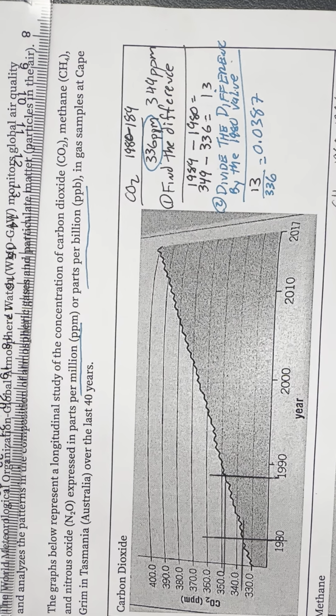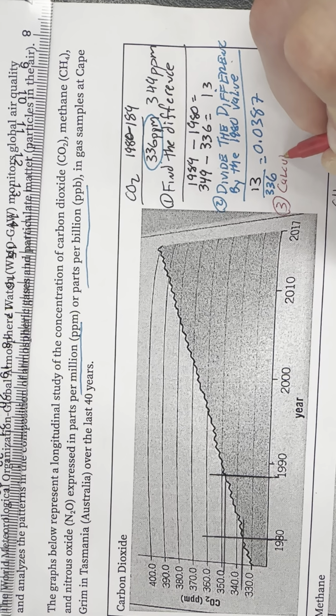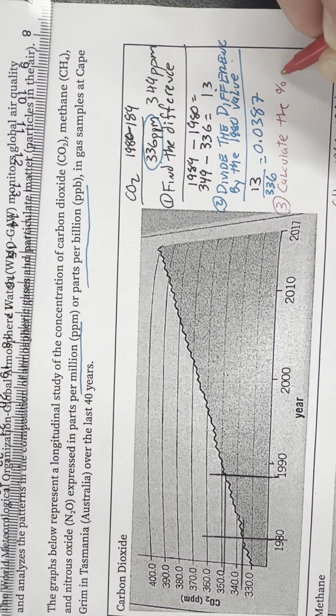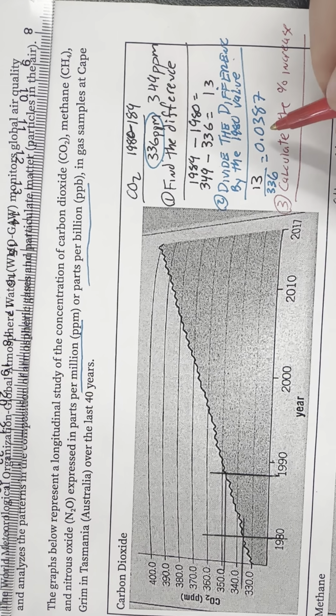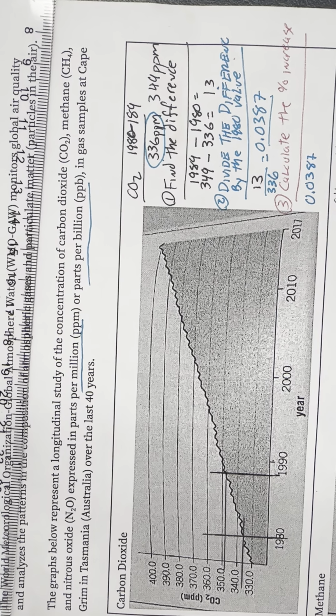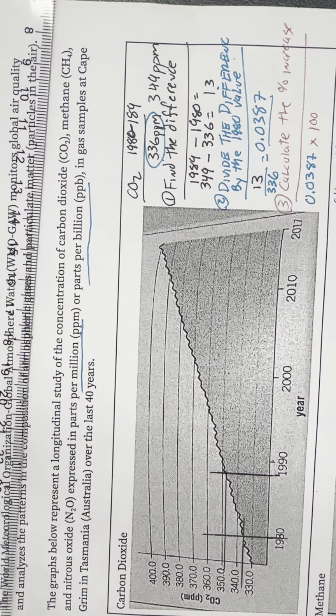And then the third step is to calculate the percent increase. I'm going to do that by taking this value and multiplying it by 100. So 0.0387 times 100.